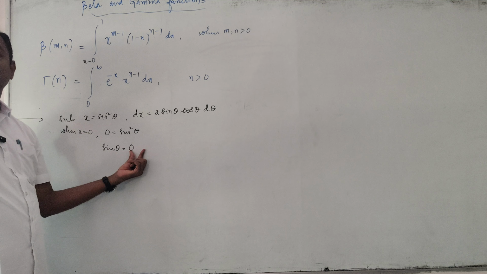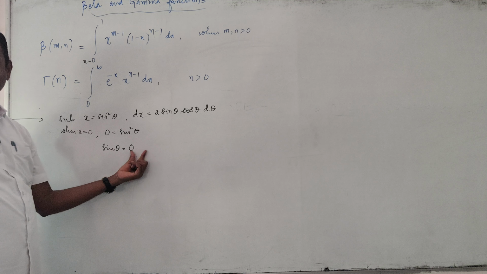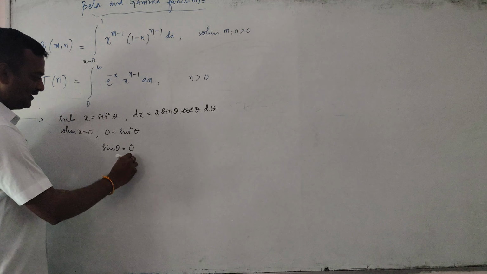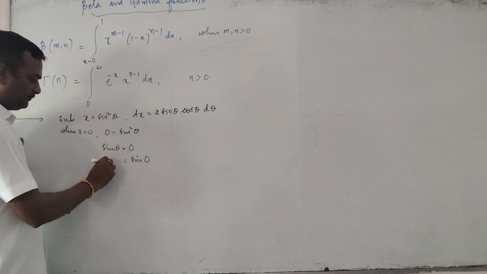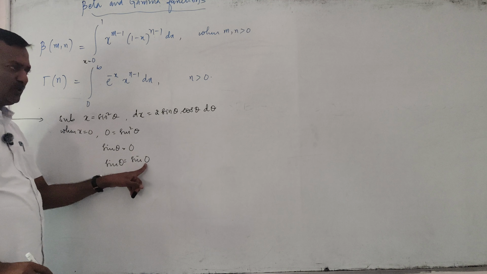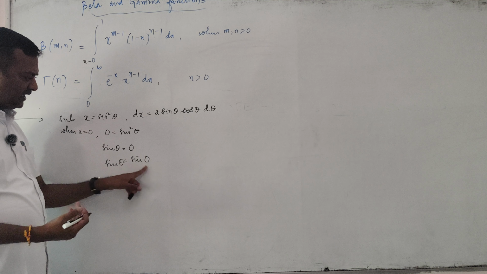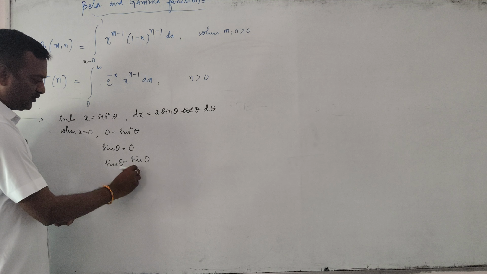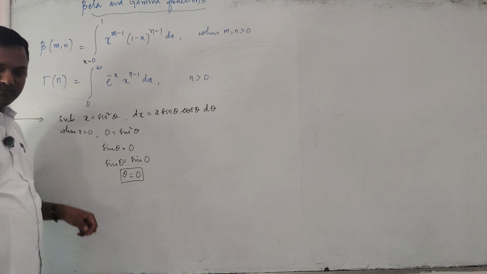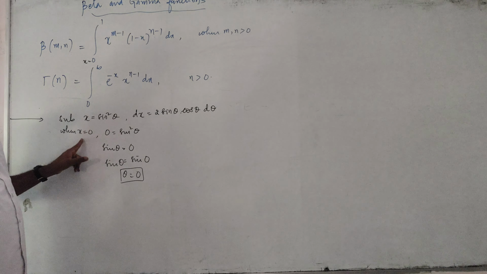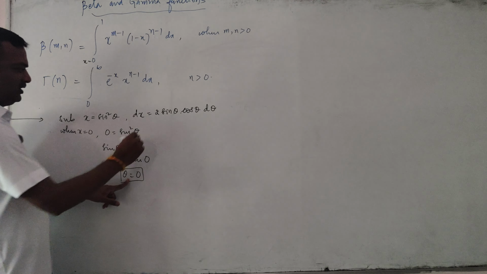Sine of which angle is 0? Sine 0 is 0. So sine theta is equal to 0. So therefore theta becomes 0. Okay, when x equal to 0, theta equal to 0.